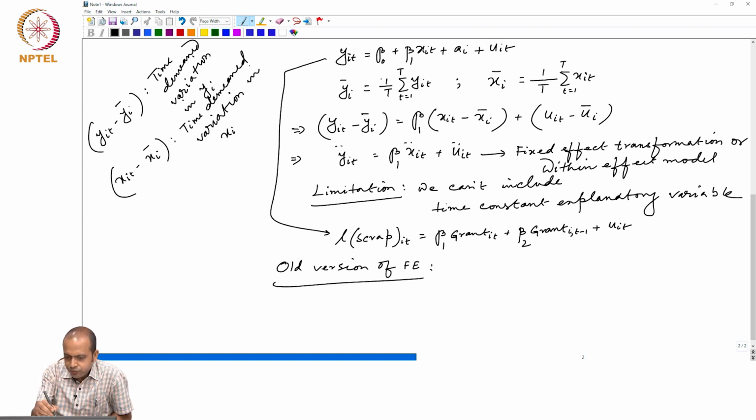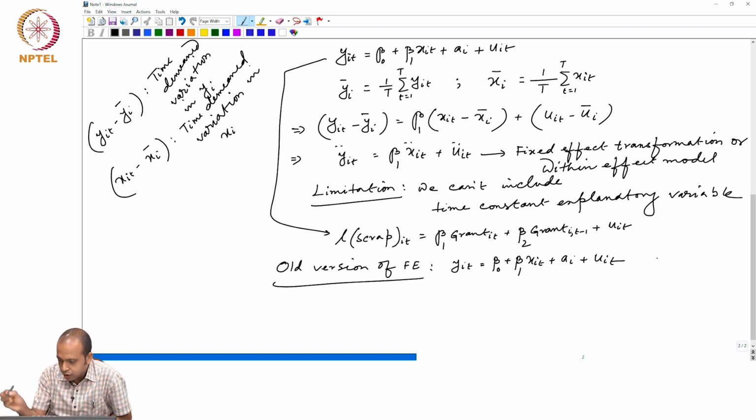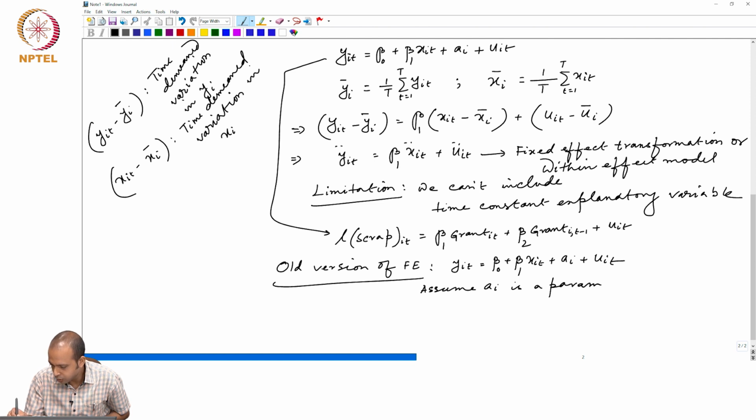What is that? If we look at Y_it equals beta 0 plus beta 1 X_it plus A_i plus U_it. Now, instead of removing this A_i from the model, there is another way to estimate this model. Assume A_i is a parameter to be estimated.